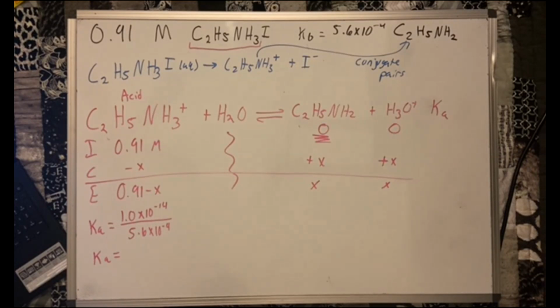Oh, almost messed up, I put negative 4 instead of negative 14. So my Ka is 1.8 times 10 to the negative 11.